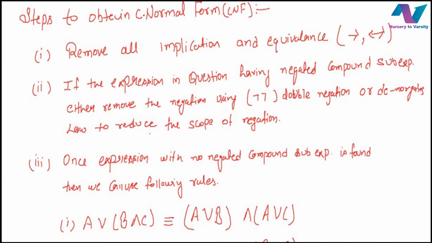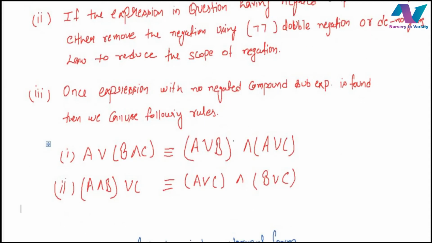Second, if the expression has a negated compound statement, then we remove that negation with the double negation rule or De Morgan's law to reduce the scope of negation. Third, once the expression has no negated compound statement, we can apply these 2 types of rule to get the CNF. So these are the rules for how we find CNF in the last step.